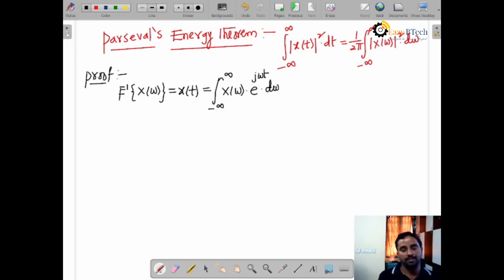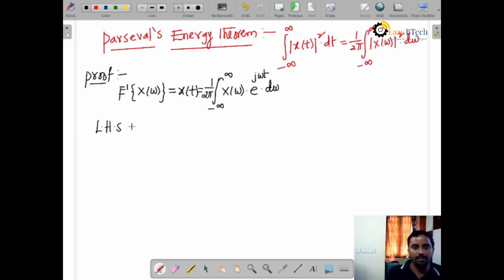This is the inverse Fourier transform formula. In the inverse Fourier transform we have 1 by 2 pi, so take that 1 by 2 pi also.